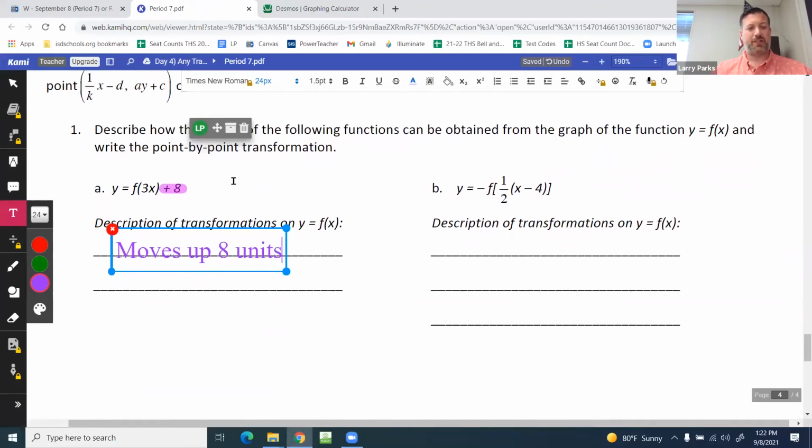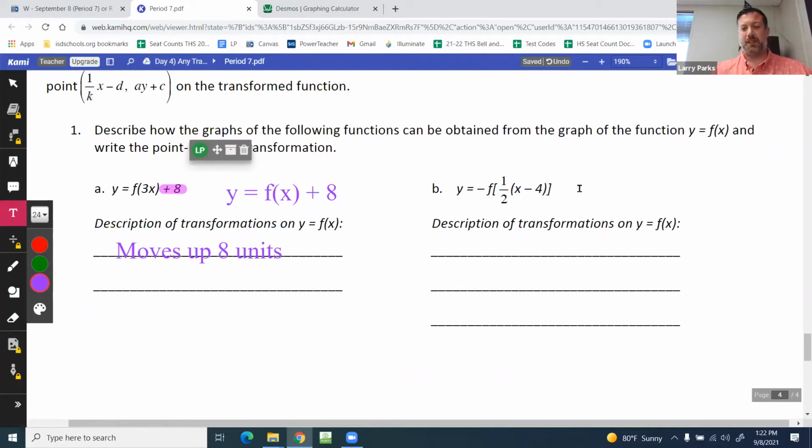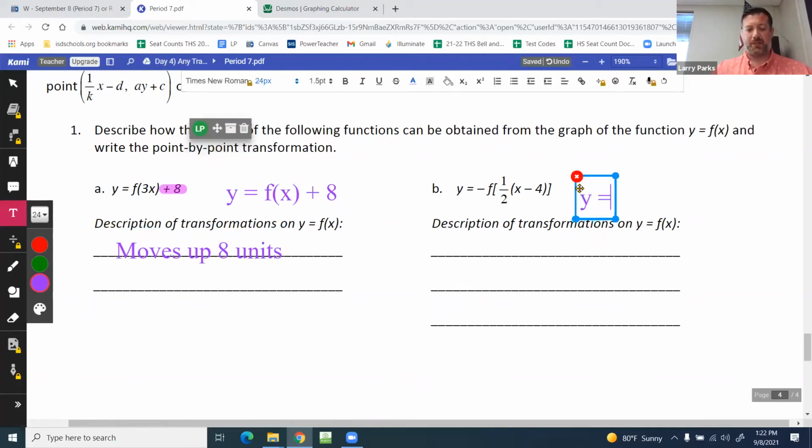So like, let's just change this actually to just y equals f of x plus 8. That'll be our new problem. And I'll try to change it on the practice. And then let's let this be y equals negative f of x minus 4. Let's just change it to that.